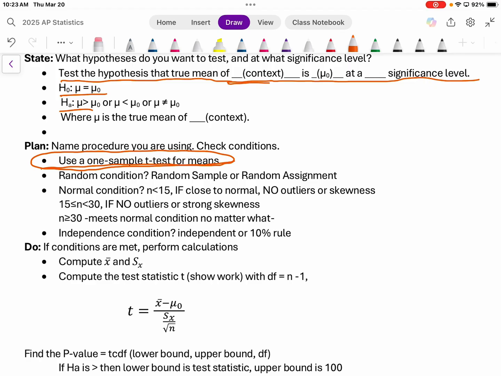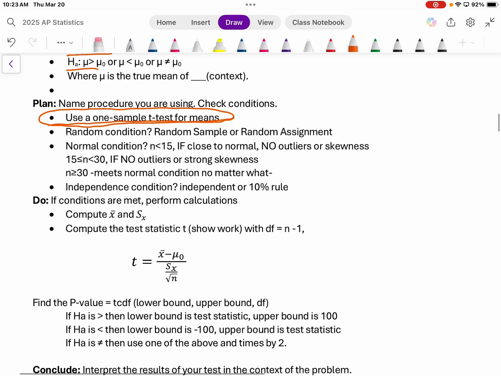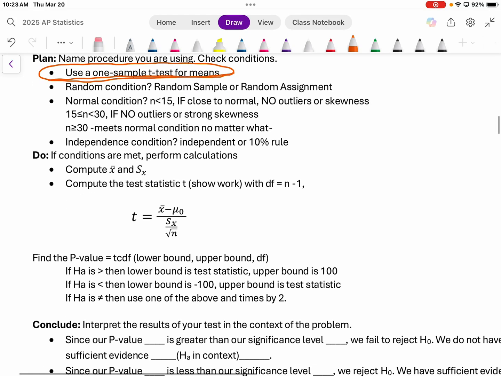If you're doing it by a tCDF, you're going to calculate what x bar is, what s of x is, and find your degrees of freedom, and we work through that whole problem. We'll practice doing it that way, and we'll also practice doing it with the faster method.